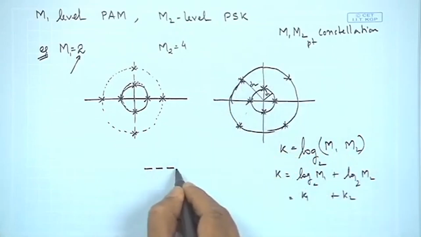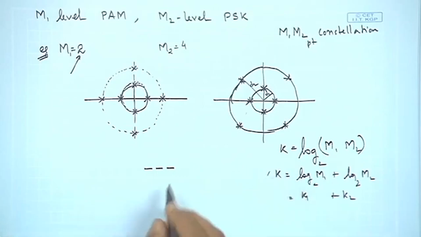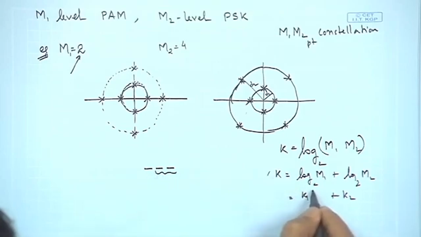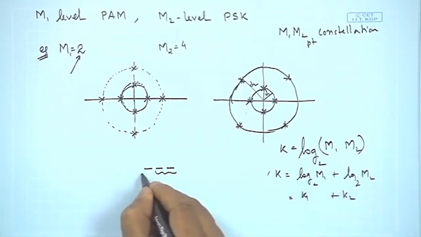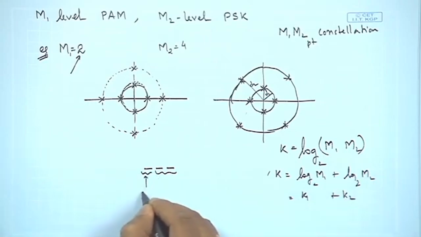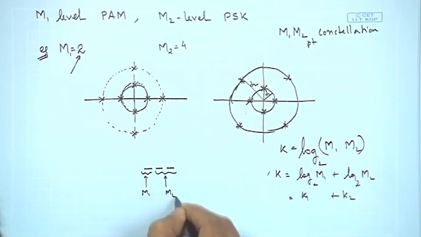So, I have 3 bit locations, and so k is equal to 3 in this particular example, and there I am seeing that if M1 is equal to 2, k1 equals 1 and k2 equals 2.